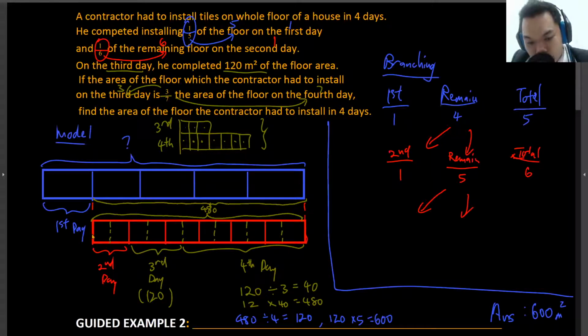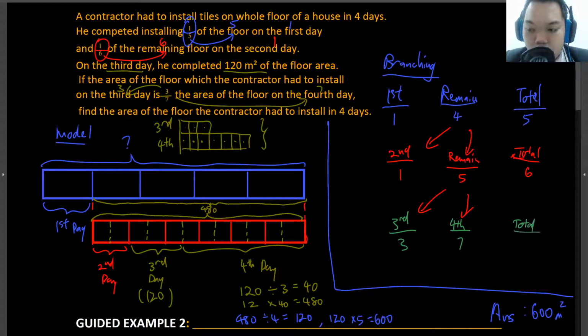As you can see, these numbers over here represent the number of blocks that we have over here. Can you all see the link? And later on, we can see that on the third day as compared to the fourth, you painted 3 green blocks here, you painted 7 green blocks here. In total, you painted 10.